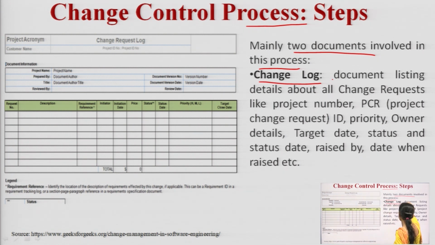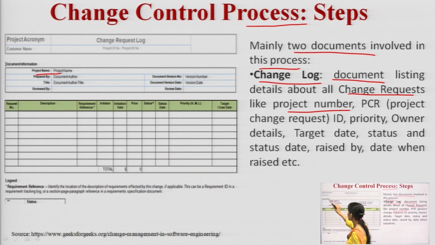It is just a document that lists all the change requests, like the project number, the project name, prepared by, title, reviewed by, my document version number, document version date, then review date.